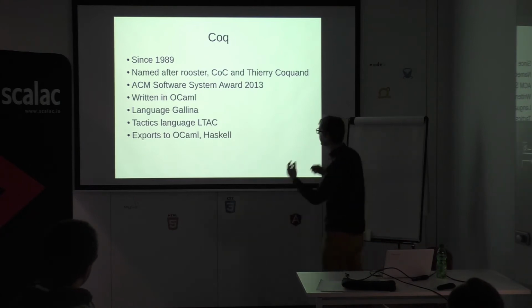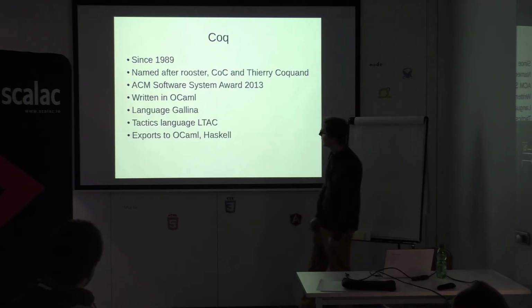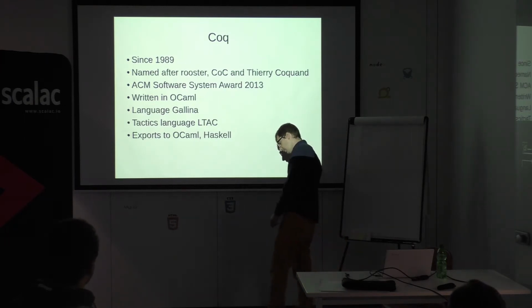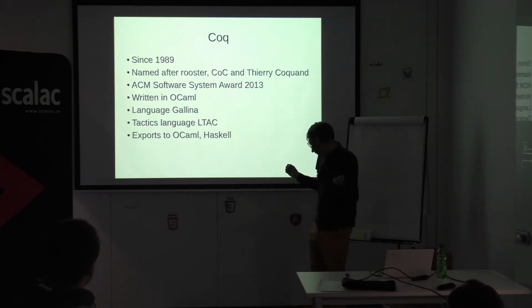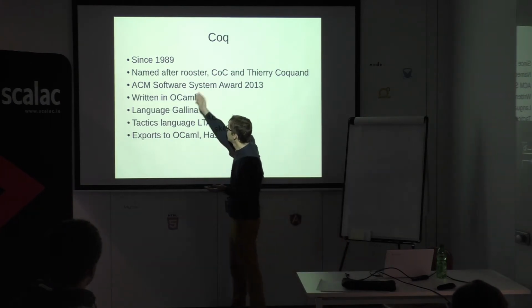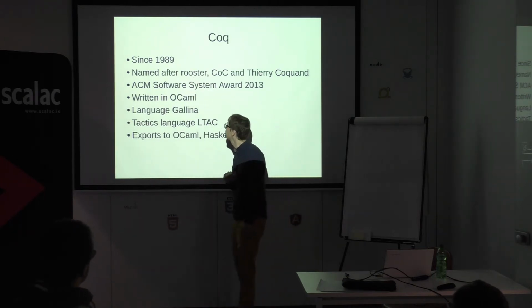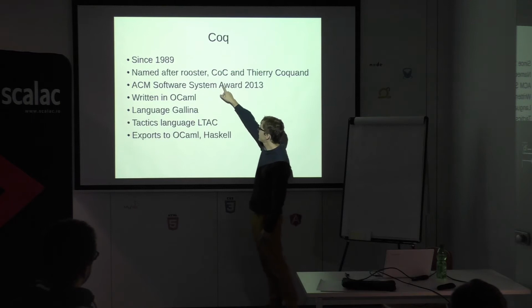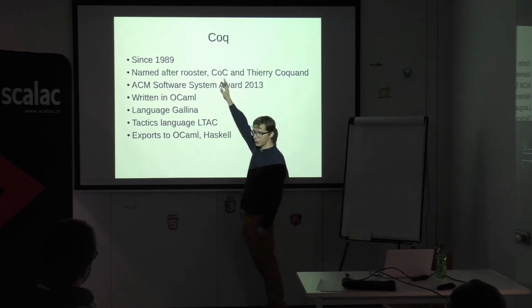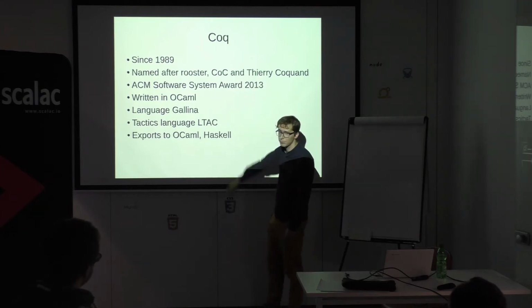Okay, so Coq itself. It's been developed since 1989, and there are three inspirations for the name. First of all, the word coq means rooster, coq in French. The second inspiration is calculus of constructions, and the abbreviation is CoC also.